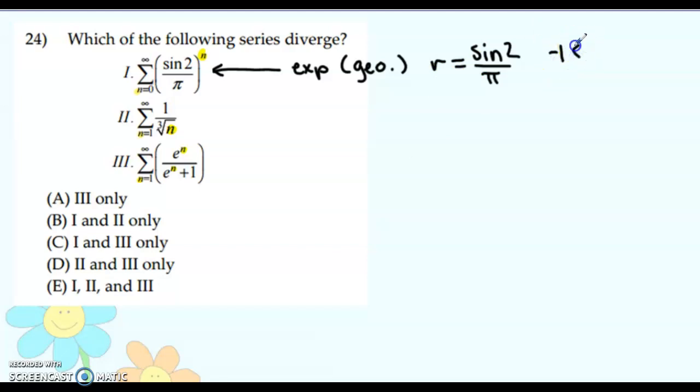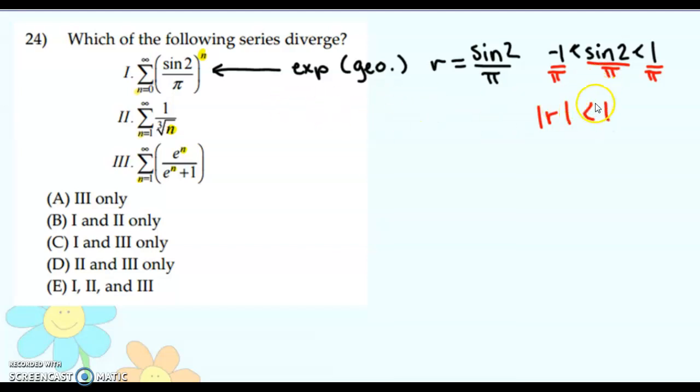Sine has to be bigger than -1, whatever it is, and sine has to be less than +1. So the sine of 2 has got to fall somewhere in between these. And I'm not just having sine of 2 by itself, I'm dividing it by pi. So if I'm dividing something less than 1 by pi, I know that that's going to be some number that's got to be less than 1.